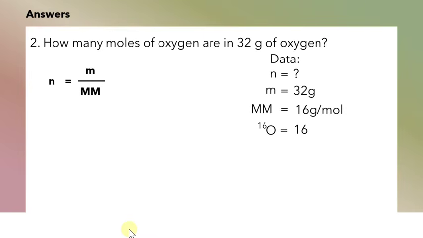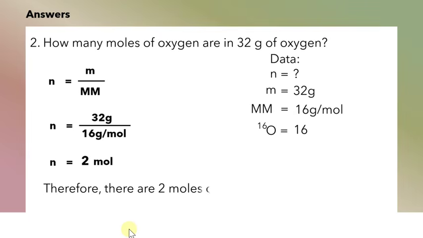All right, as simple as that. The number of moles will be equal to mass, which is now 32 grams, over molar mass, 16 grams per mole. So gram and gram will cancel. So remain with 32 over 16. It will be 2 moles. So say therefore there are 2 moles of oxygen in 32 grams of oxygen.